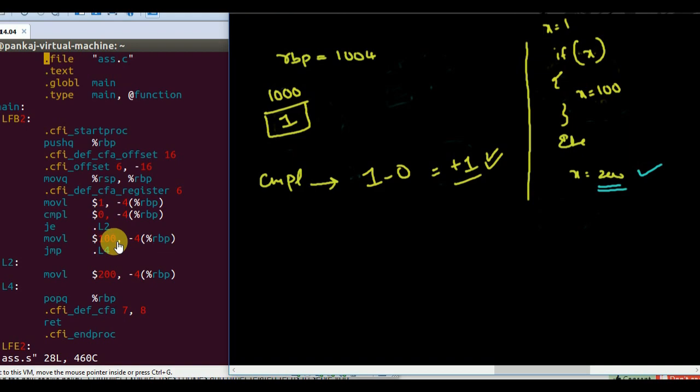Here you can see that 100 is stored in the variable, in that pointer, right? So this value is updated with 100. In this condition, if it is 1, then this condition is satisfied. That is what we have observed. Again, if it is 2, then 2 minus 0 is not equal to 0; for 3, 4, 5, any number we put here, this condition will be satisfied except the only value 0.